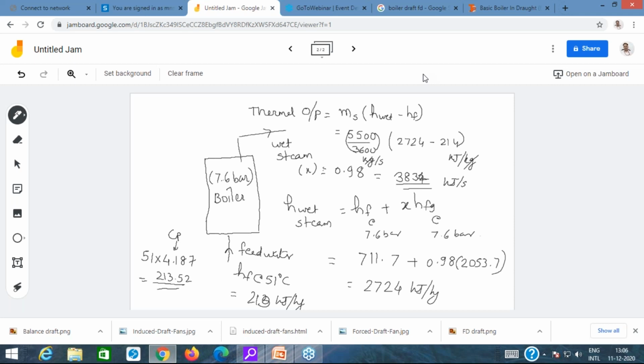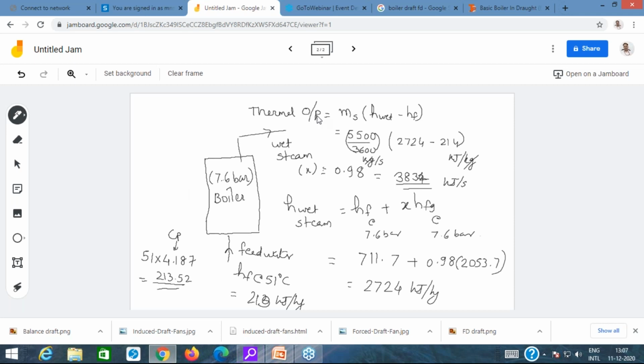So now let me find the input to this boiler. This is the output of the boiler. Now how do you find the input to the boiler, Gauri? Kunal? Onkar? Saurabh?